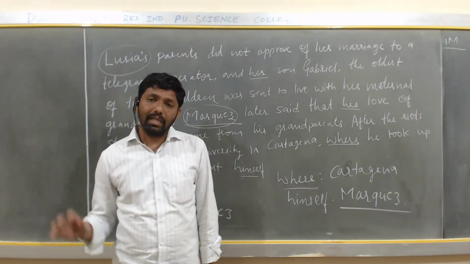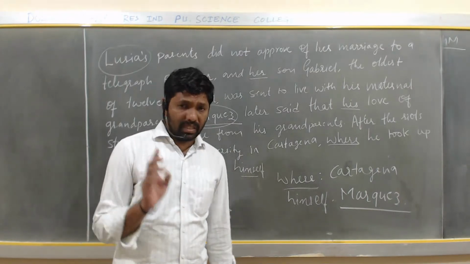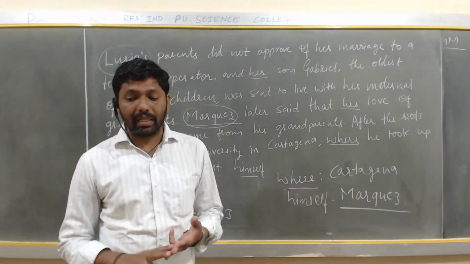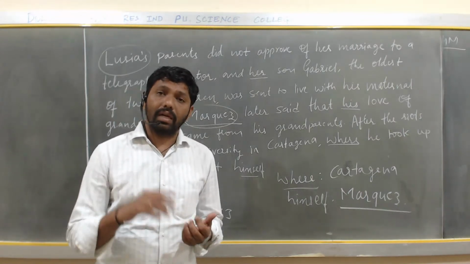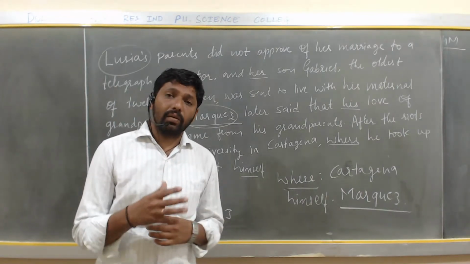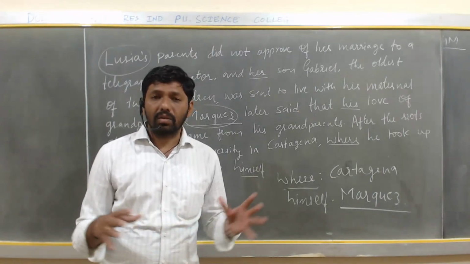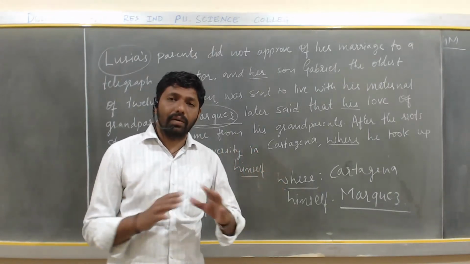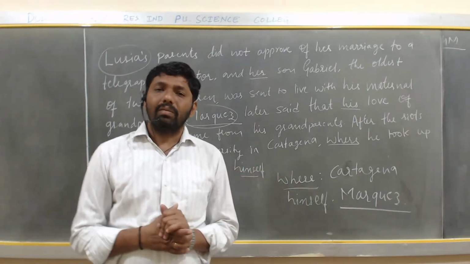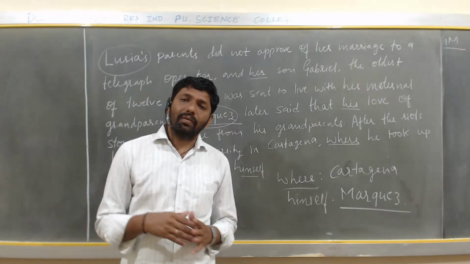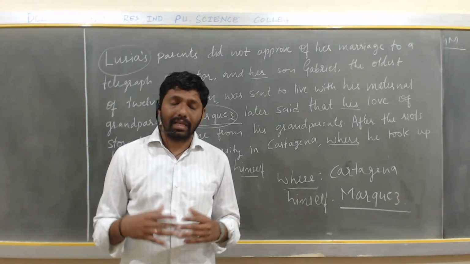There are 11 types of pronouns: personal, reflexive, emphatic, demonstrative, interrogative, relative, compound, reciprocal, and so on. They are not required for the examination, but for our knowledge, we can keep them.